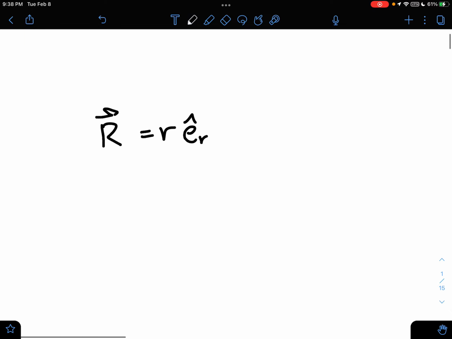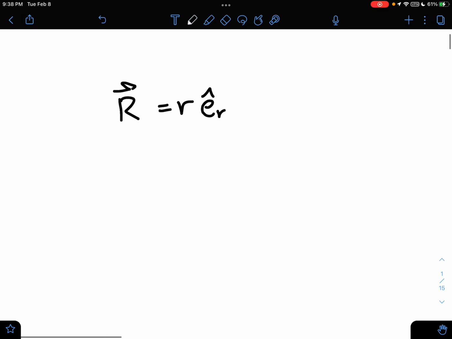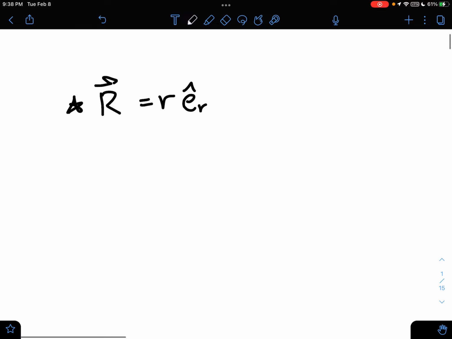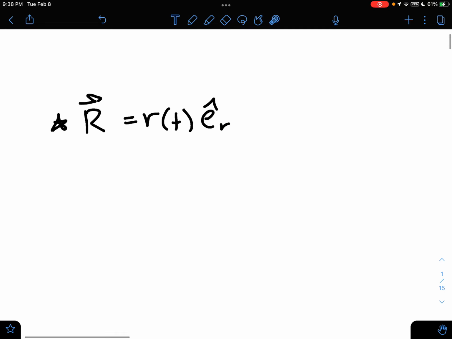So what we do when we're taking the derivative of this function, because this is our position vector, we have r as a function of time. This is going to be some r of t, and this is going to be e hat r. And we know that e hat r is going to change with time because it's not always going to be pointing in the same direction.